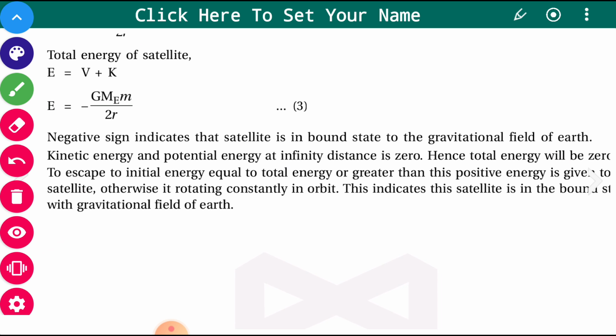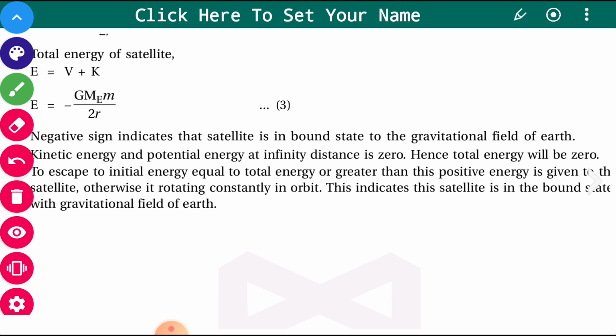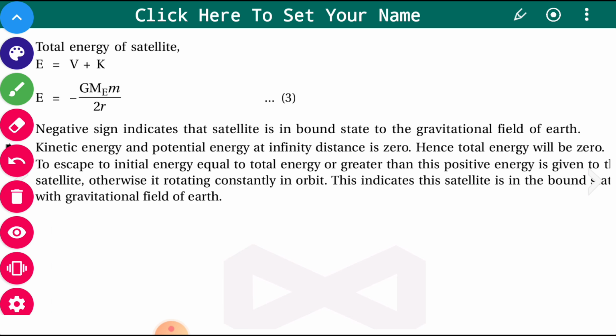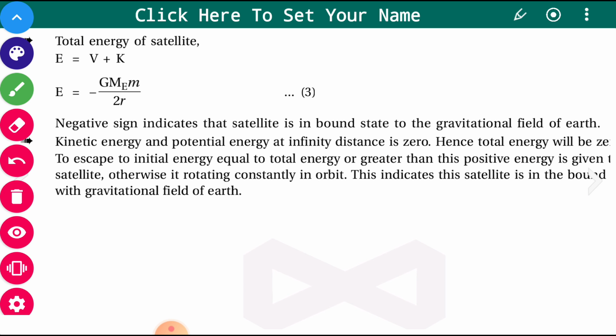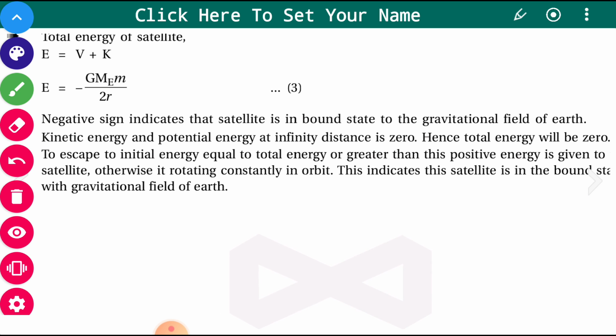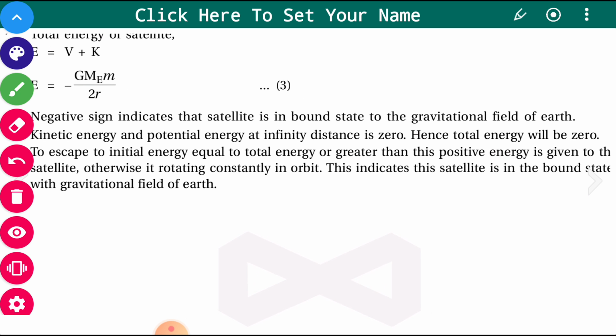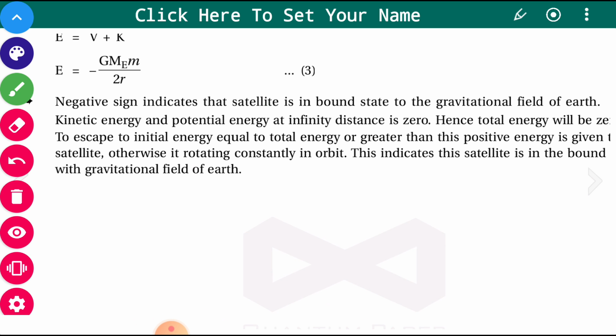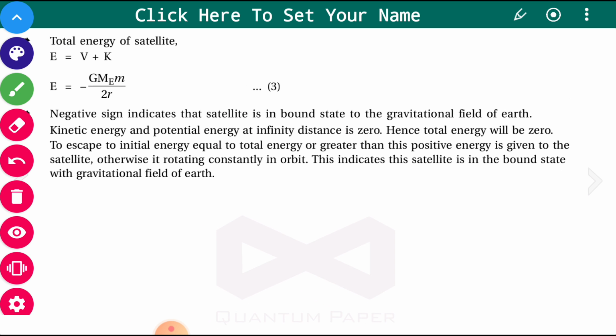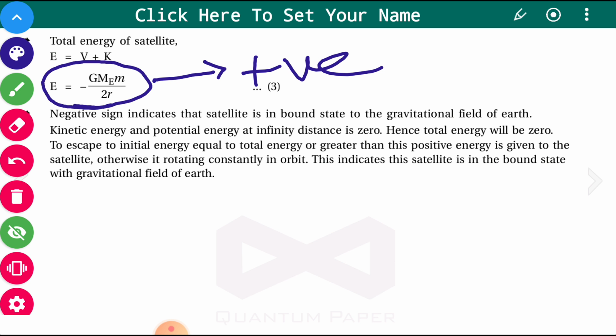Kinetic energy and potential energy at infinite distance become zero, hence total energy will also be zero. To escape, energy equal to or greater than this total energy must be given to the satellite. If you want to remove this satellite from the earth's gravitational field, you have to give energy equal to or more than this value, and it must be positive energy given from outside.